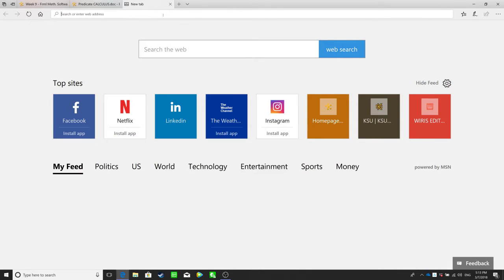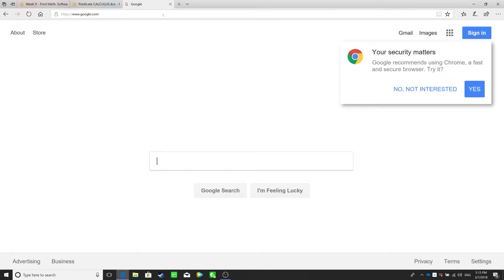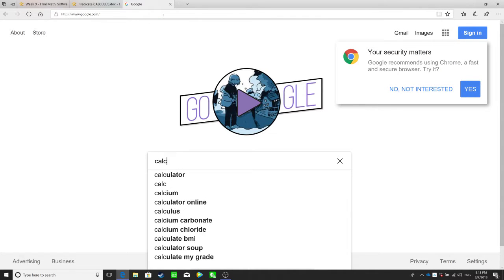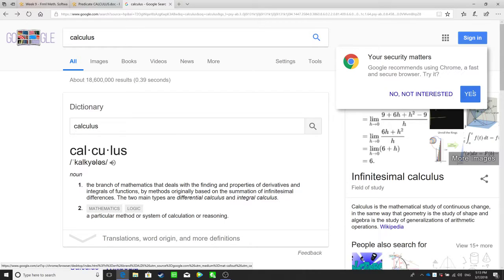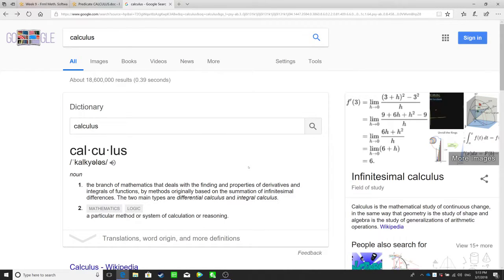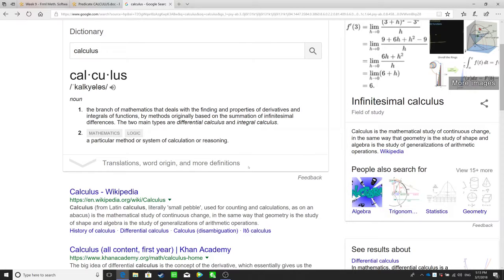Yeah, if you want to go to that part, you need to have an exact meaning of calculus. It's not only that. Like finding properties and derivatives and integrals of functions by method, so this is the thing you are talking about.